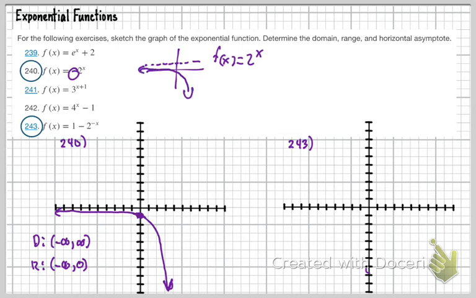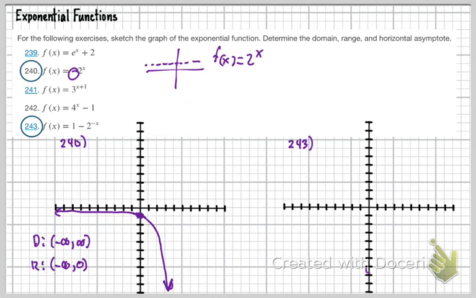And then it has a negative on the x too. So now that's going to flip it this way, and then this end is going to go that way. That's hard to think about, but I'll show you what that means.